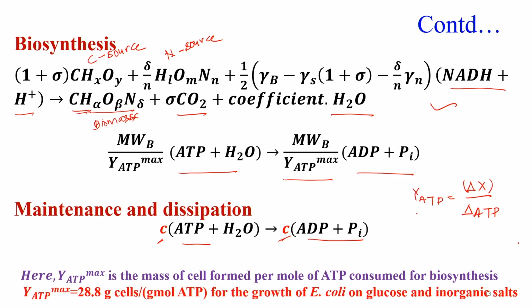As I told you, there is a yield coefficient for ATP also, and one value I have referred to here is for the growth of E. coli, where Y ATP is 28.8. It says 28.8 grams of cells are synthesized per gram mole of ATP consumed.